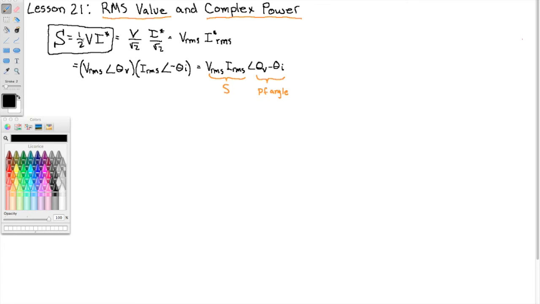It's containing the apparent power and the power factor. So in fact, the magnitude of the complex power, that's S, is the apparent power, and the angle of the complex power is the power factor angle.